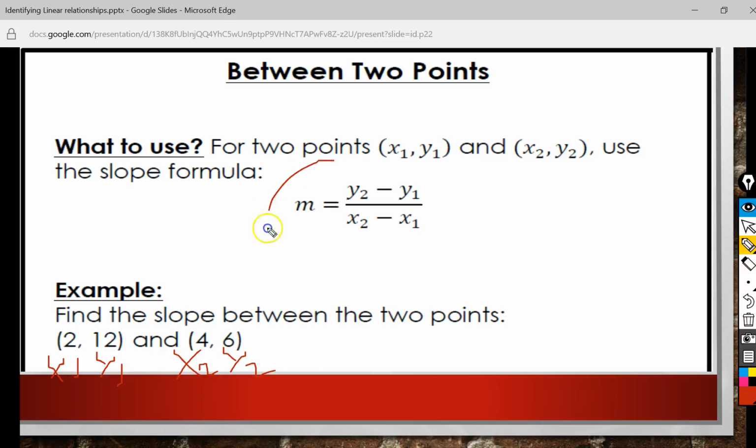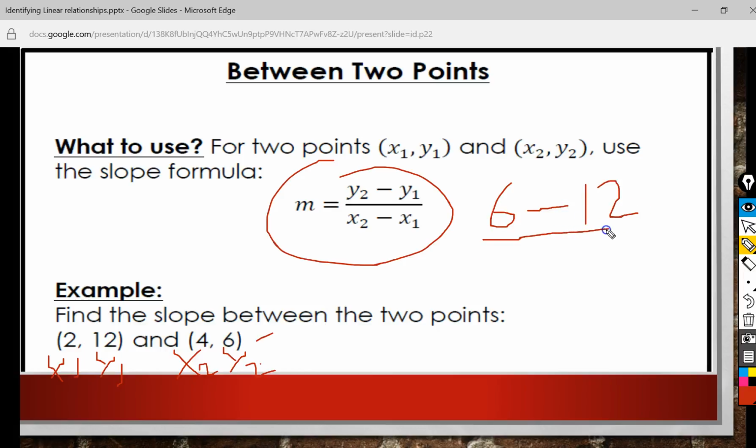So, according to this formula, I'm going to plug in my coordinates, and it'll look like this. y2 is 6 minus y1 is 12, divided by x2 minus x1, so that's 4 minus 2. Now I just do my math and simplify, because we always want to simplify our fractions. 6 minus 12 is negative 6, and 4 minus 2 is just 2.